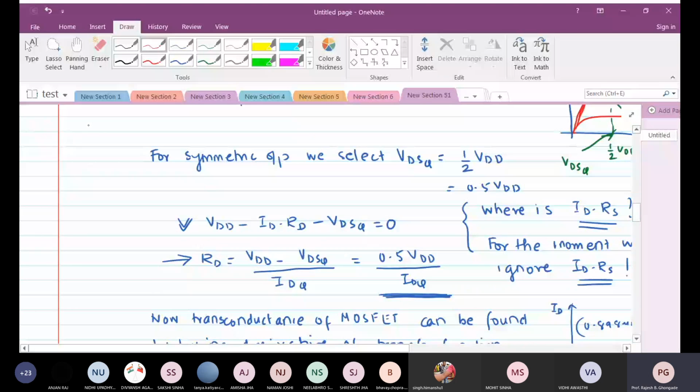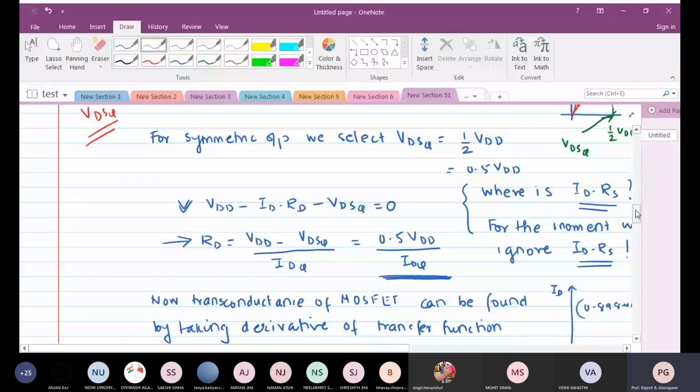Where is this VDSQ supposed to be? Such that on the output characteristics, this Q point will lie on the center of the load line. That is why I call it a symmetric output. We've already seen this concept in the bipolar junction transistor amplifier. We select this to be half of VDD, so that becomes 0.5 into VDD.